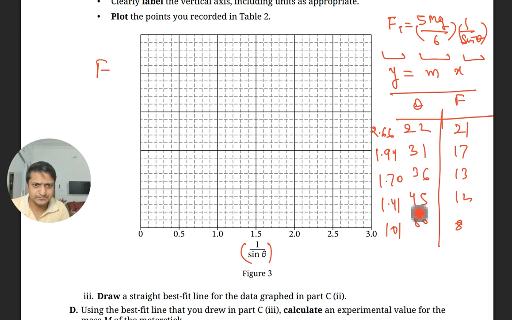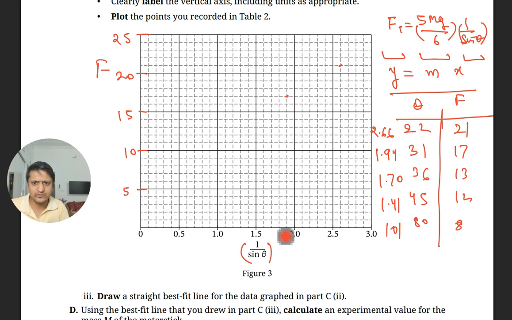Now we will plot it. We can mark the y-axis here like 5, 10, 15, 20, and 25. So 21 with 2.6: 2.6 is here and 21 is here. Then we have 17 and 1.9.